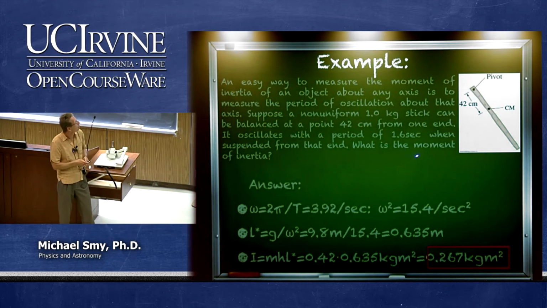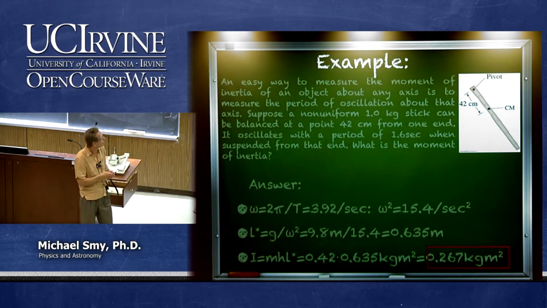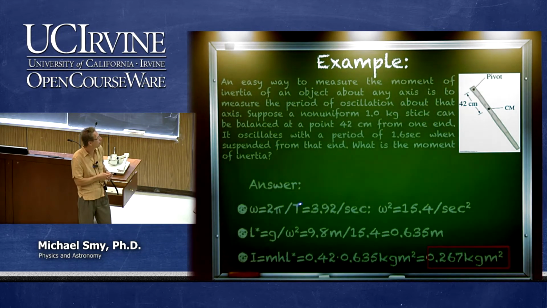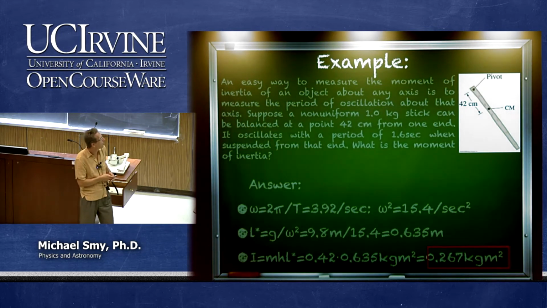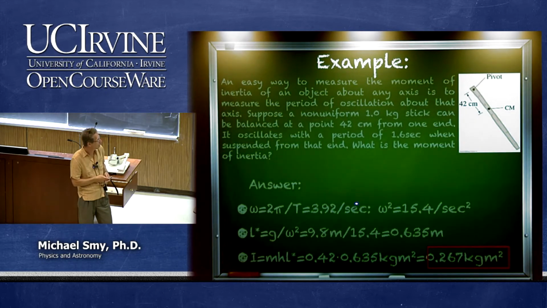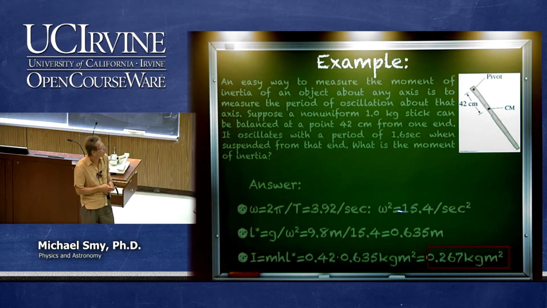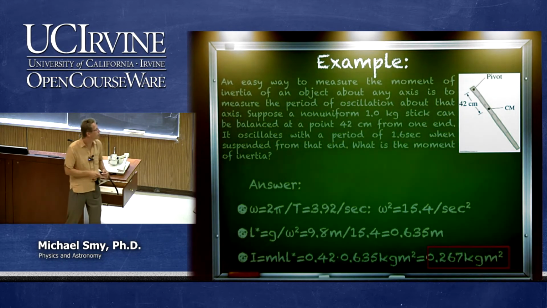Then what is the moment of inertia about that axis? We know that omega equals 2 pi divided by the period. If you plug in the 1.6 seconds, you get 3.92 per second. Or we can square it and we get 15.4 per second square.